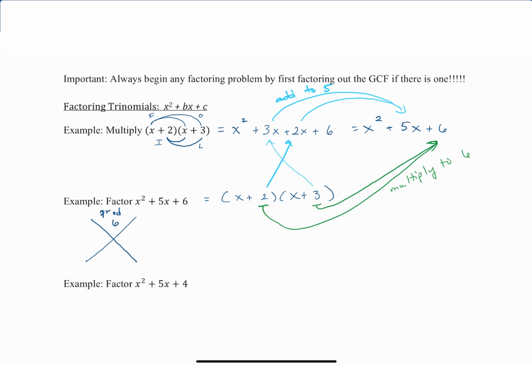It's going to be the constant term at the end of the thing you're trying to factor. And they'll put the sum that they need, which is going to be 5 in this case. That's the coefficient on the x term. And then the trick is to find two numbers that multiply to be 6 and add up to be 5, which in this case was 2 and 3.